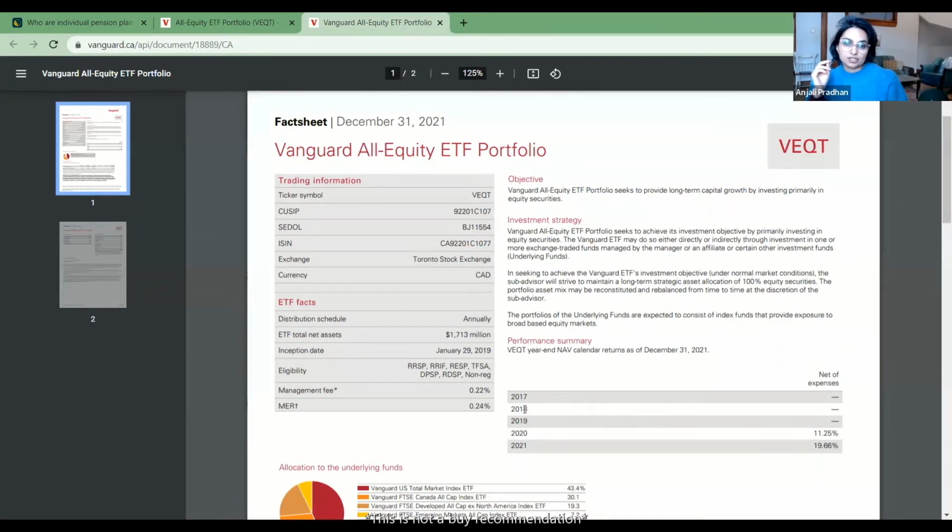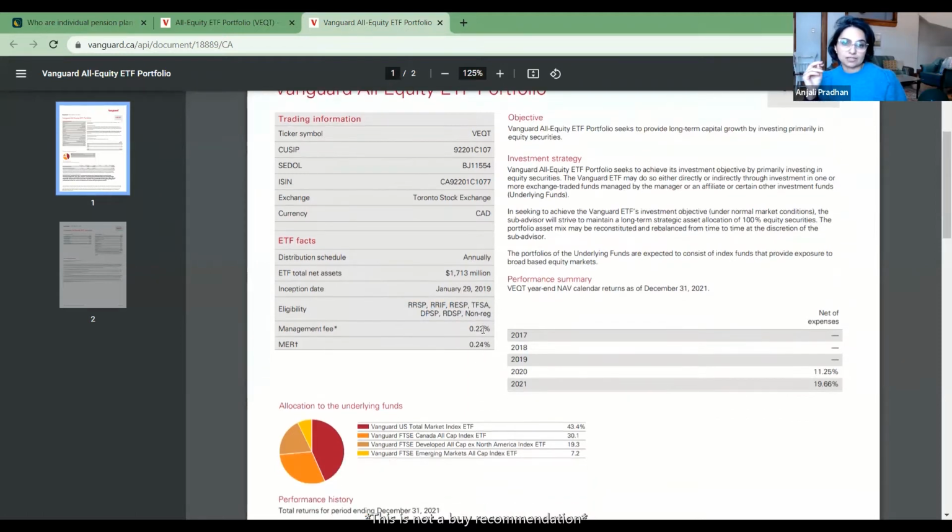While we're looking for that, it says eligibility. So this product is meant for Canadian investors. It says you can put it in your RSP, your RIF, RESP, TFSA, I think this is DPSP, I think it's the Disability Savings Plan, or you can just leave it taxable.